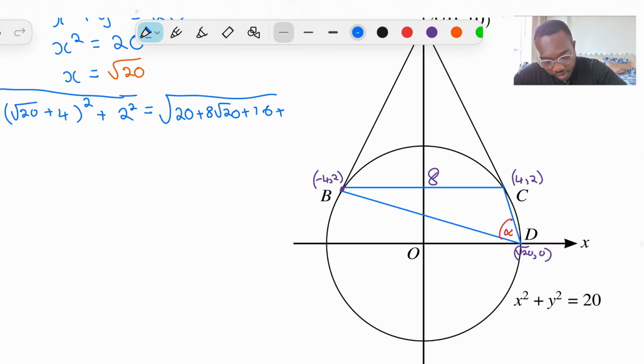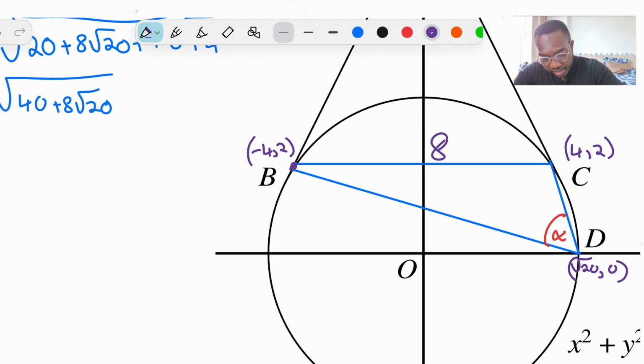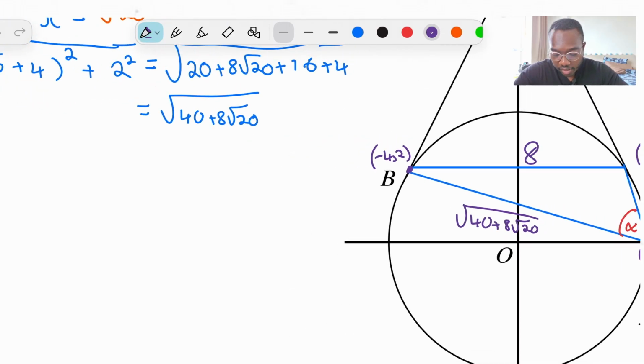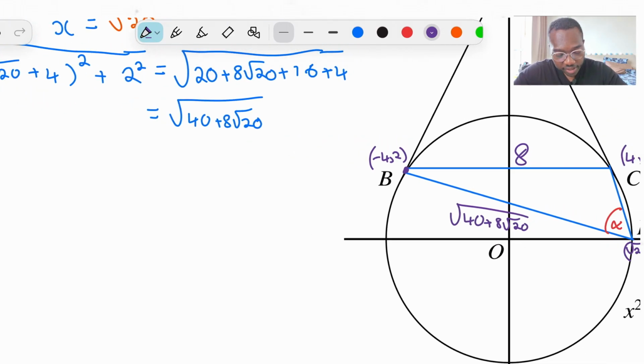And then don't forget the plus 4 because 2 squared. So this actually simplifies down to the square root of 40 plus 8 root 20. And yes, while we can simplify this down even more, we can just leave it like this for now, and that is fine. So what do we know? We know that the distance of BD is the square root of 40 plus 8 root 20. And this doesn't look nice, but don't worry because it will simplify down later.